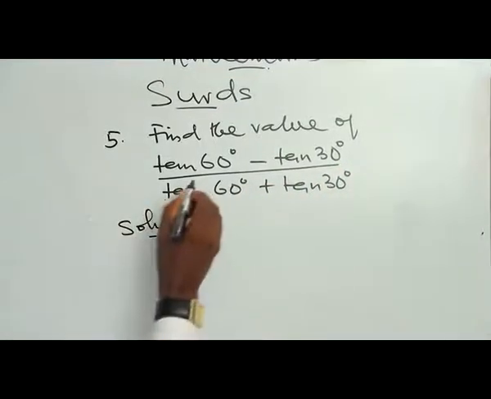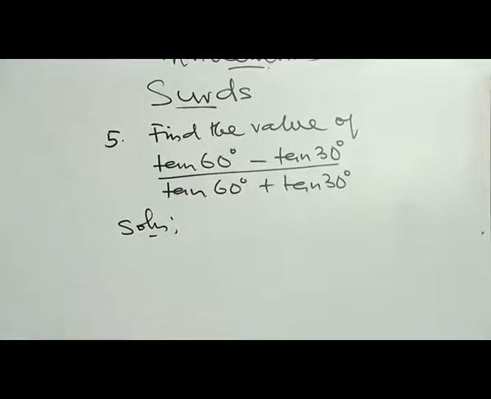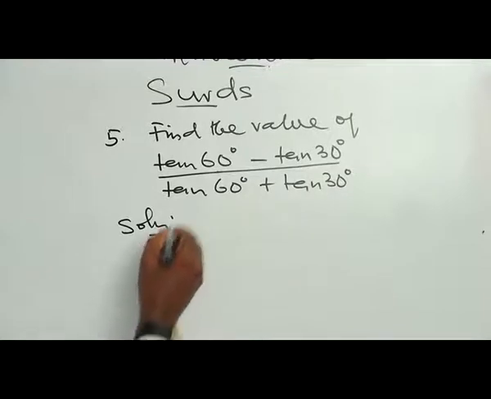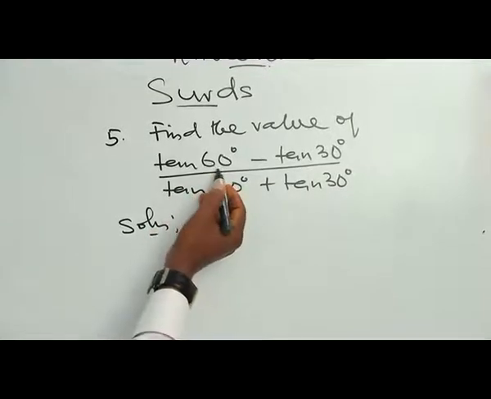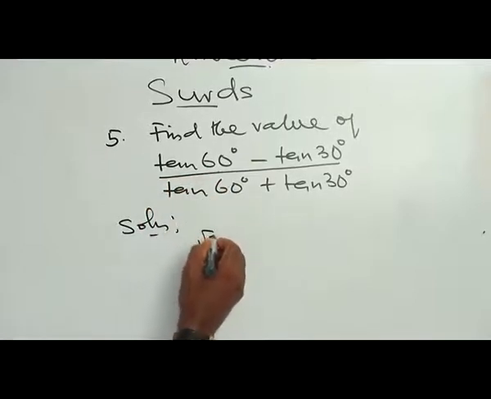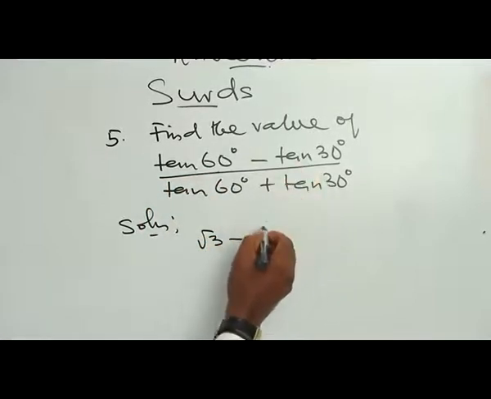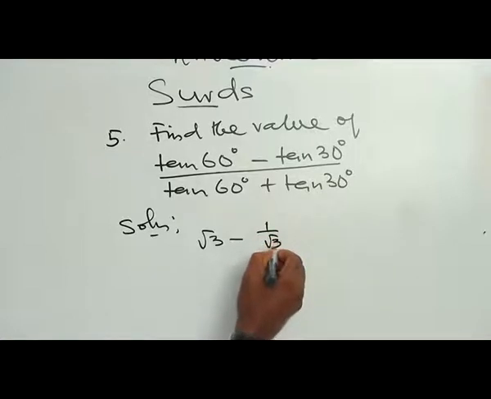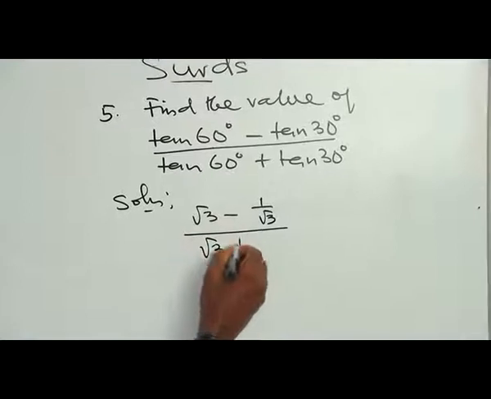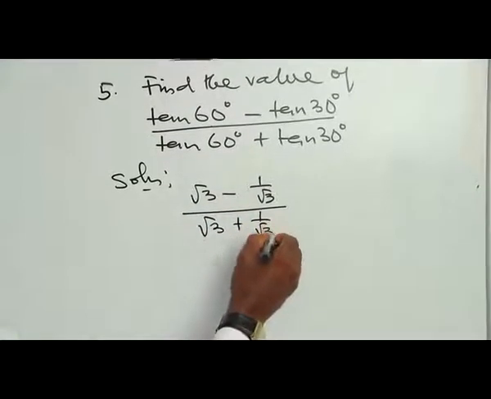Solution. You recall from your special angles the value of these angles. So we write the surd equivalent of these angles. We know that tan 60 is root 3 and tan 30 is 1 all over root 3. Everything here all over root 3 plus 1 all over root 3.